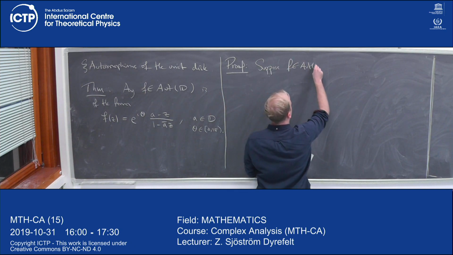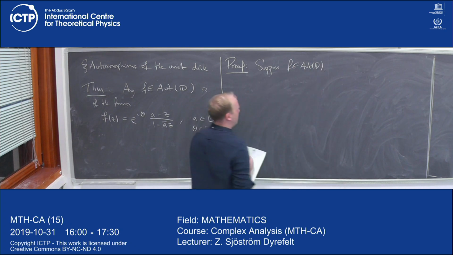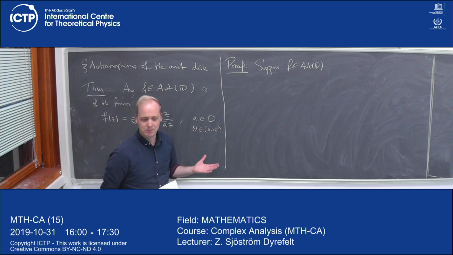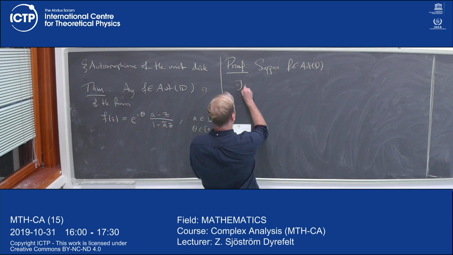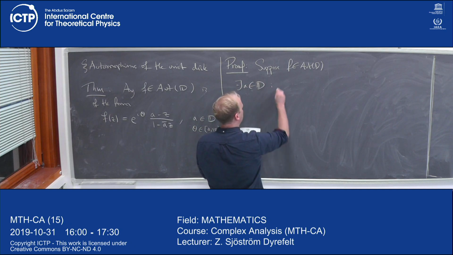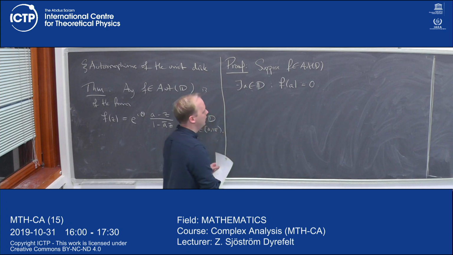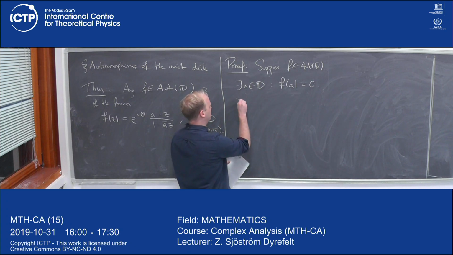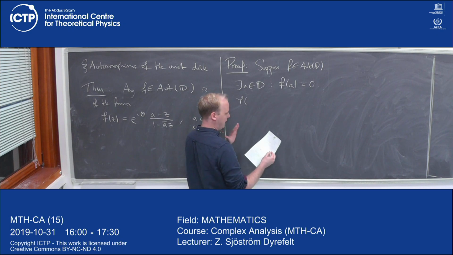So suppose f is in this automorphism group of D. Then in particular it is surjective, right? So we can say that there exists an a in D such that f of a is 0. And then we also recall that phi a of 0 is a and phi a of a is 0.